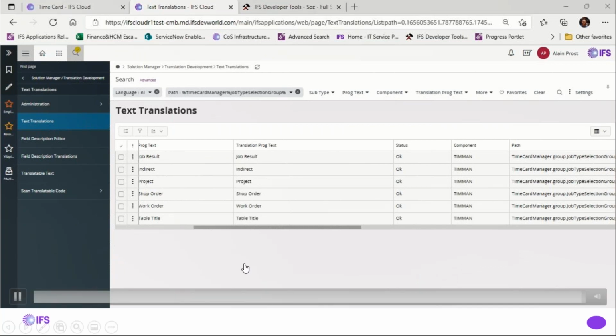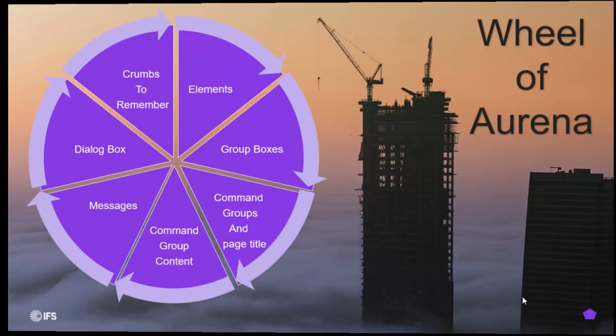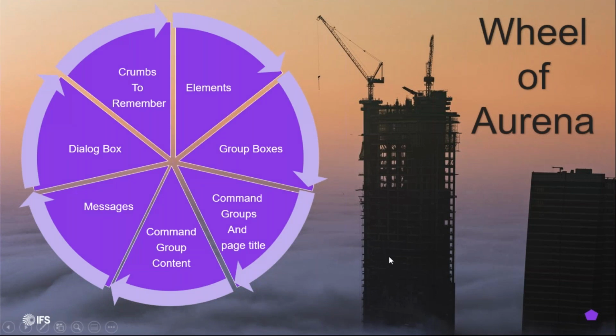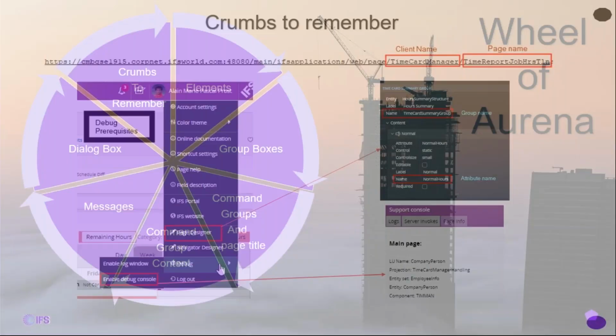Okay, let's go back. As you can see, there are easier ways of finding paths of Aurena. We don't need to find the exact or fully qualified path at the beginning to find Aurena paths. And you might be wondering, I have given you several videos and it's hard to memorize. So let's see something.